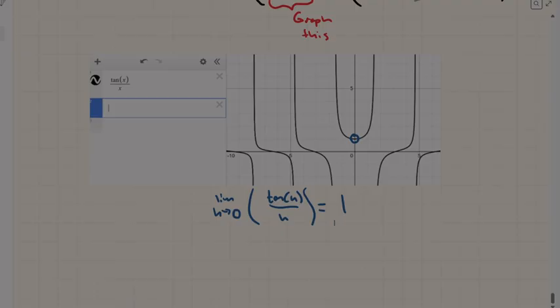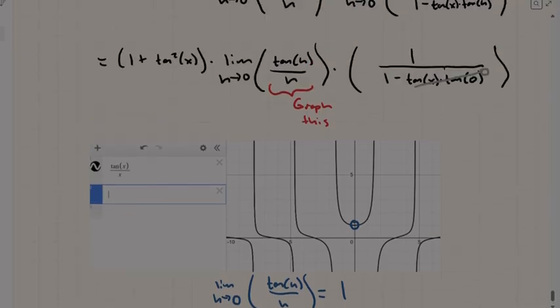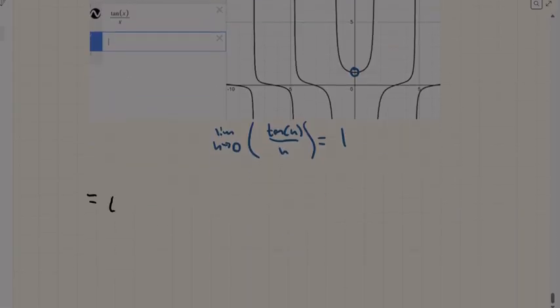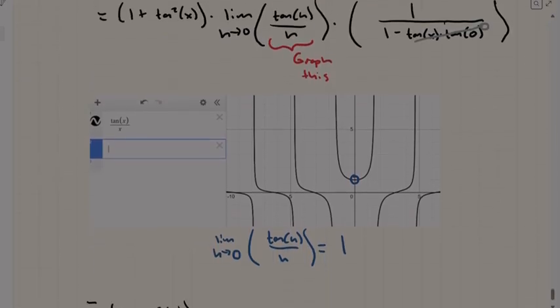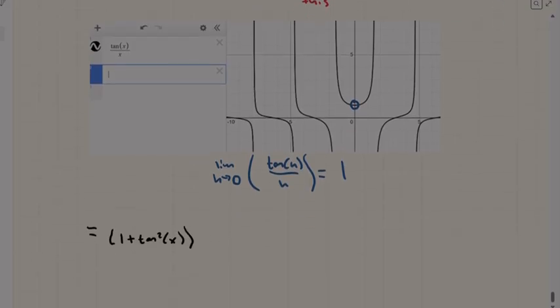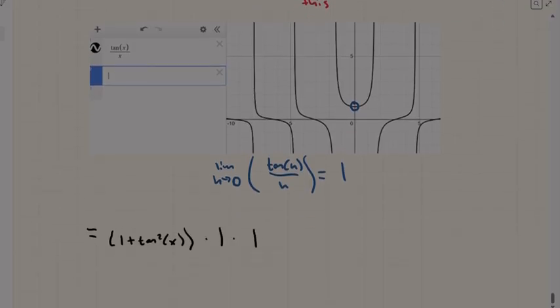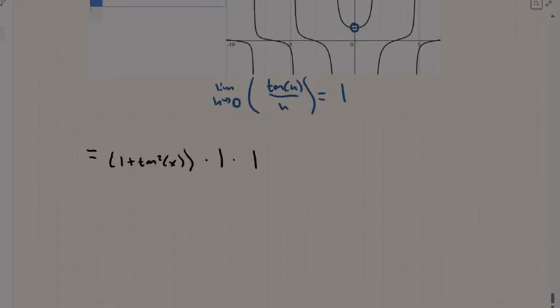And so our whole expression that we were trying to solve for, 1 plus tangent squared of x times 1 times 1. And so one way to write that then is that we can say the derivative of tangent of x would be equal to 1 plus tangent squared of x.